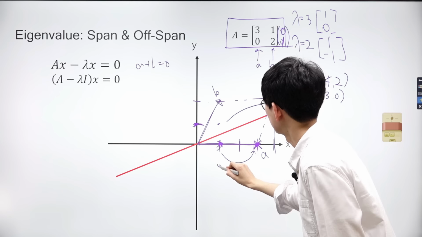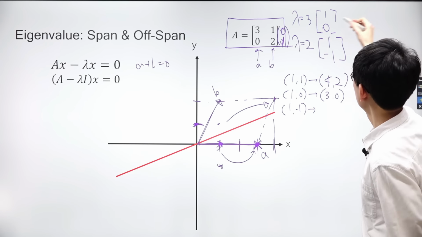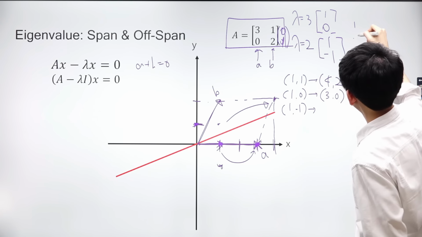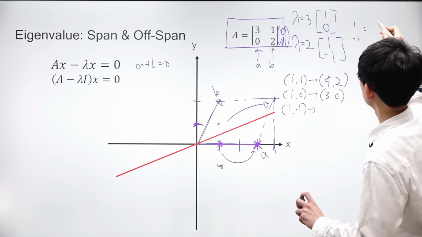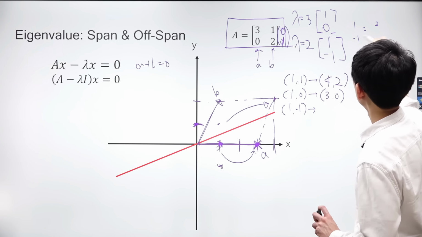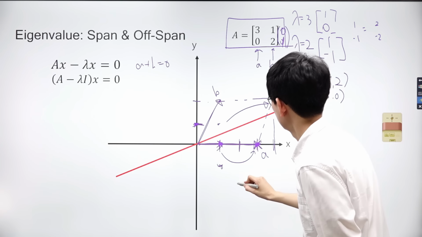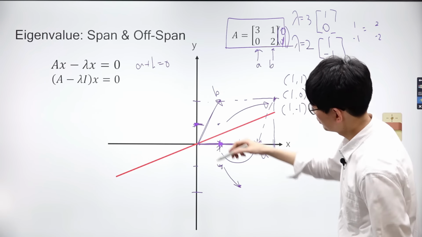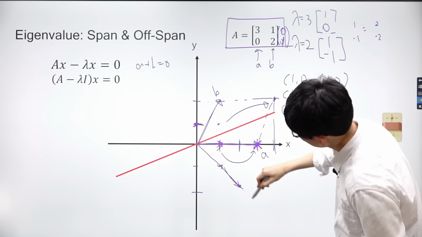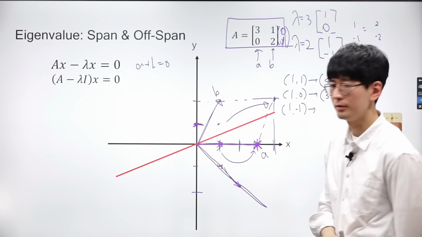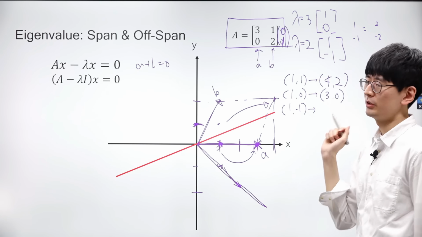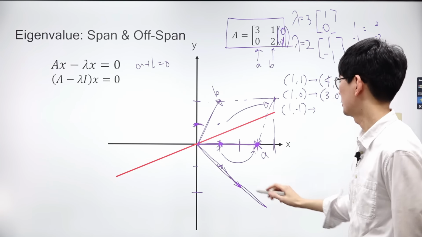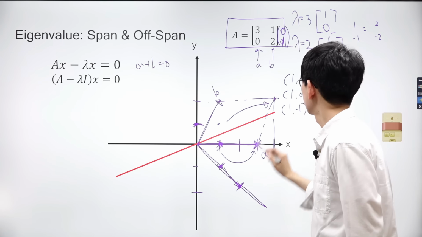The coordinates 1, negative 1 are in the transform space, and we can determine their original coordinates through matrix vector multiplication. The original coordinates of 1, negative 1 are 2, negative 2. By plotting these coordinates on the plane, we can see that they lie on the same line and maintain the same direction. So do you see why the vector 0, 1 is not an eigenvector of matrix A?